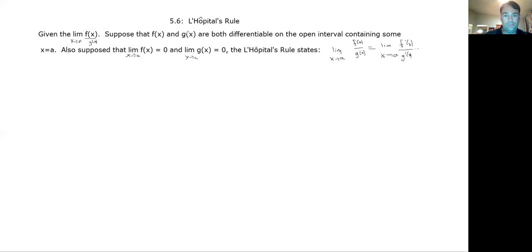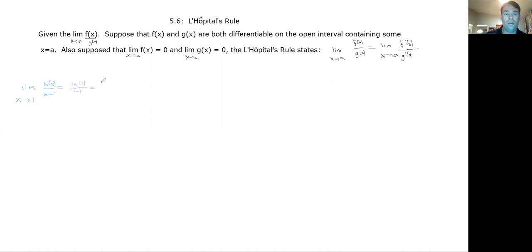So what does this actually mean? When we're using L'Hôpital's rule, what it's telling us is if I'm given some sort of limit, like the limit as x approaches 1 of the natural log of x over x minus 1, and I were to just plug this straight in, I end up getting the natural log of 1 over 1 minus 1, which is 0 over 0.